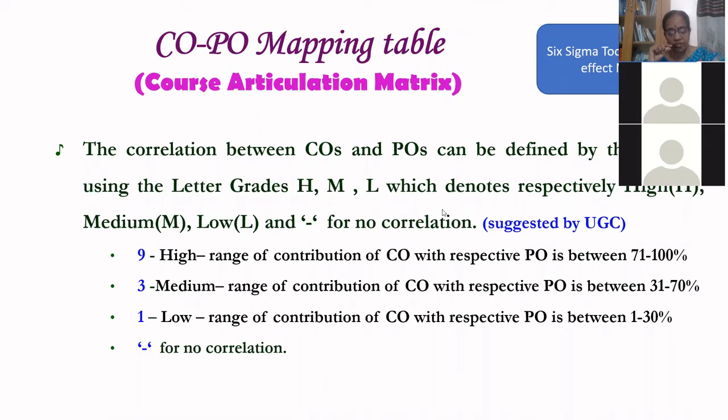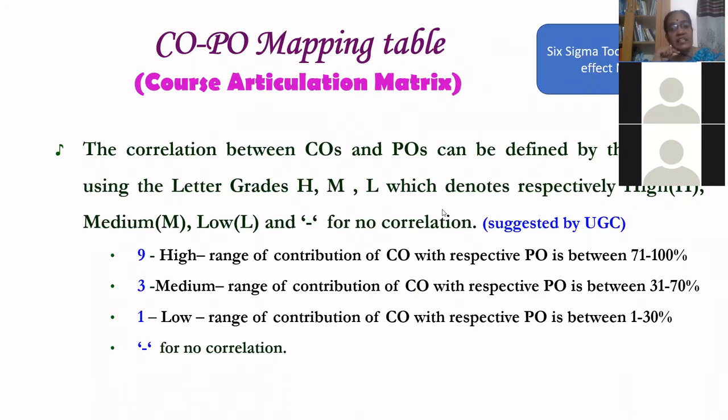Either you can write using the letters H for high, M for medium or moderate, and L for low, HML, and a dash or space or 0 for no correlation. But usually instead of writing the HML letter grades, we can use numbers. This is also suggested by UGC in the evaluation response. 9 for high correlation if the relation between your CO with the PO is between 71 to 100%.